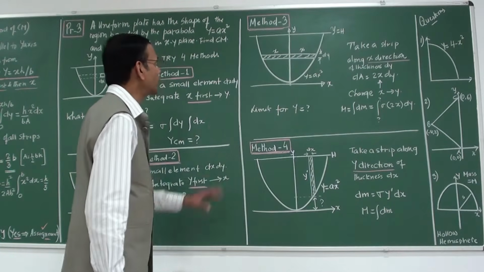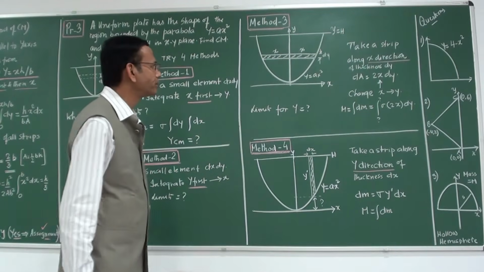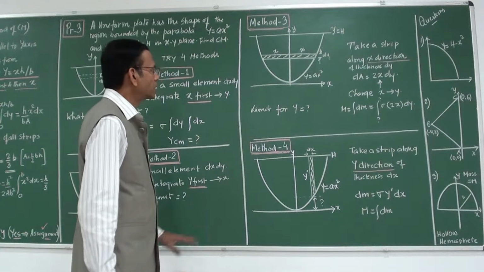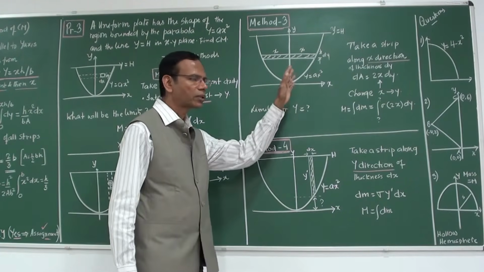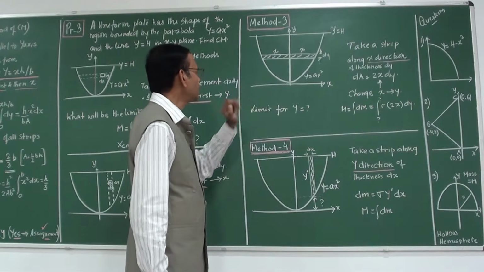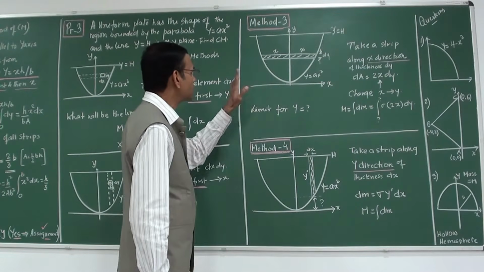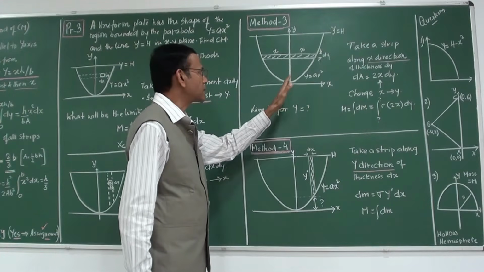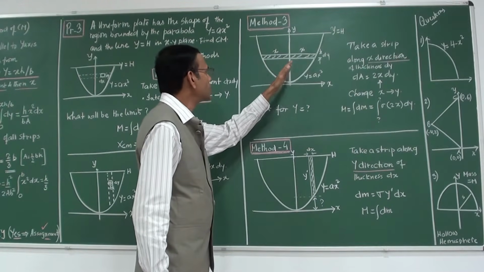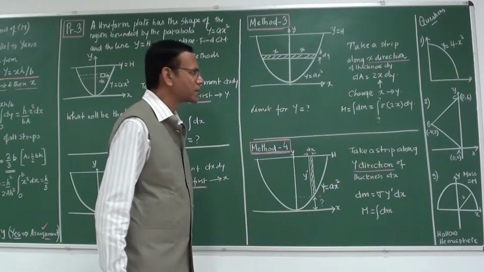Now we have a third method. The third method is a little tricky in the sense that it is a symmetric problem and the x center of mass is 0. So it is going to lie on the y-axis. The whole body is symmetric about the y-axis.